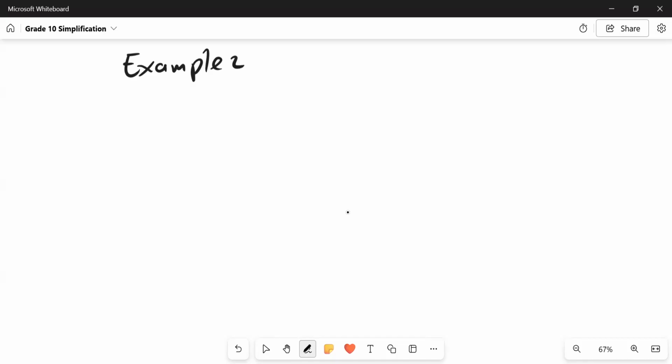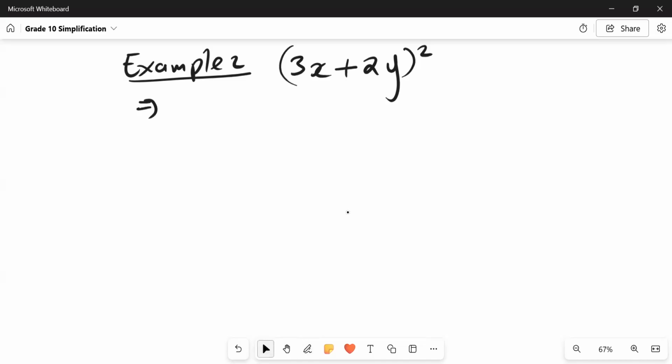For example 2, they're giving us now (3x plus 2y) all squared. Let's start with the first method. For the first method, you open two brackets, you have your (3x plus 2y)(3x plus 2y).